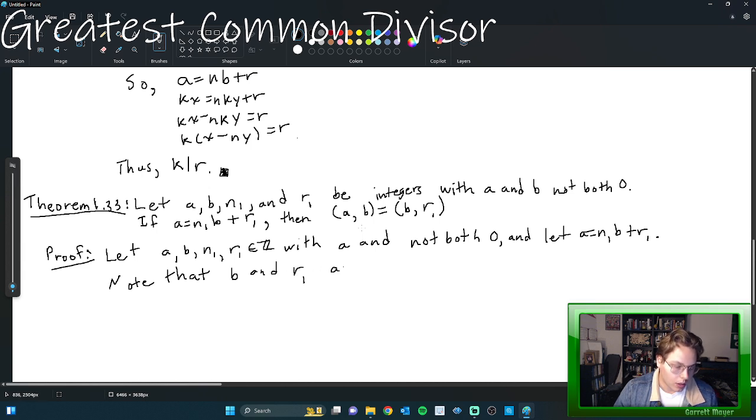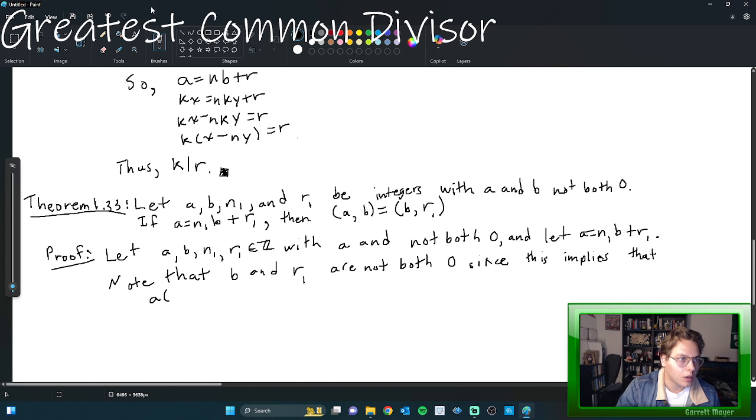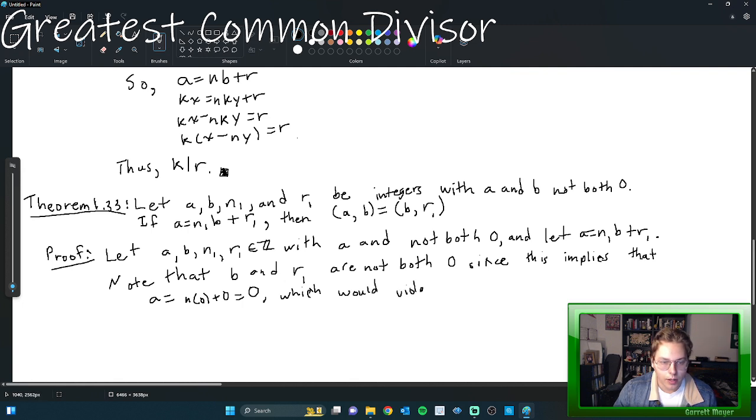Note that B and R1 are not both 0, since this implies that A equals n times 0 plus 0 equals 0, which violates the condition that A and B are not both 0.